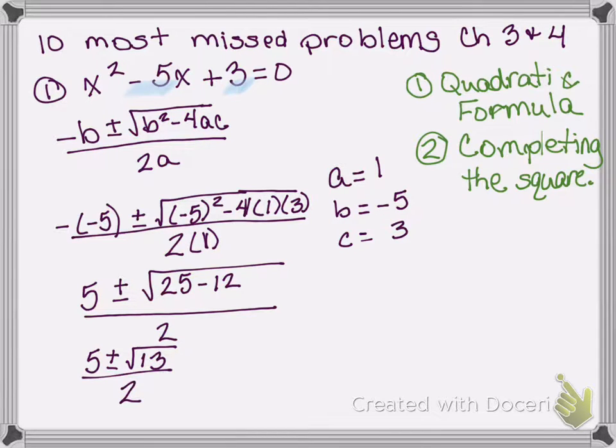Now, you can stop right here. A couple of reasons that we know it's time to stop is because this 13 cannot be simplified any further. There is not a perfect square factor of 13, and it is not a perfect square. So we are going to leave that 13 inside the square root symbol for our final answer.